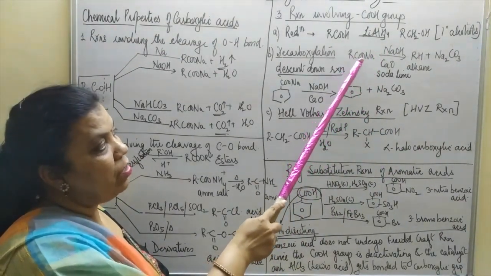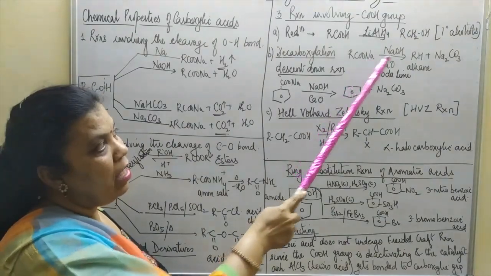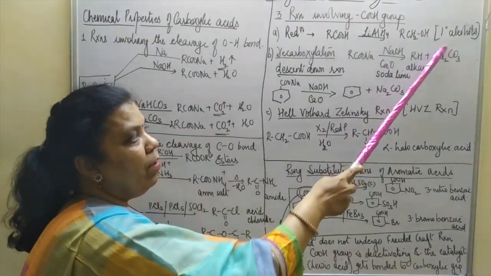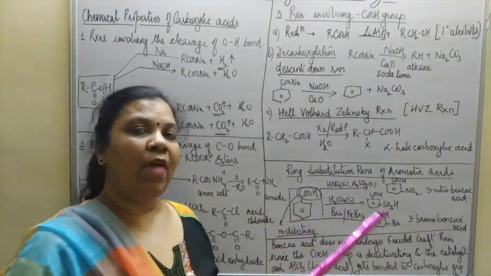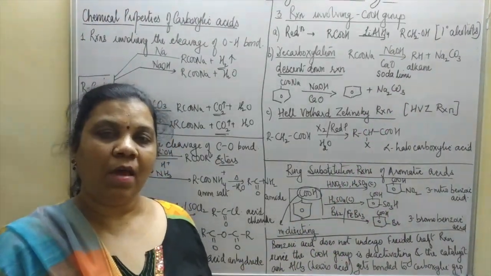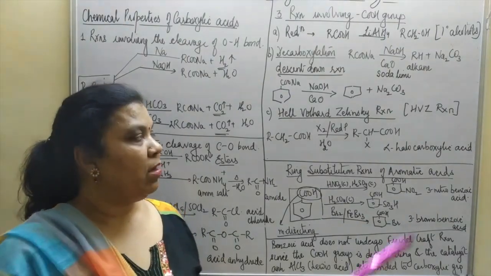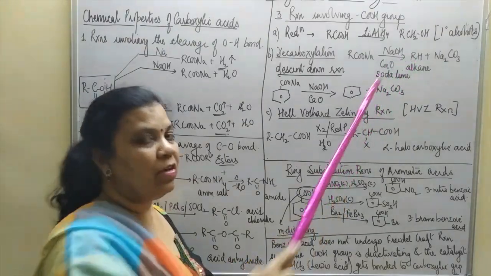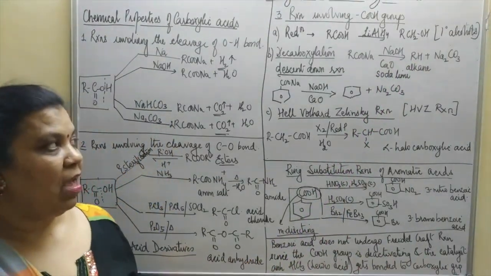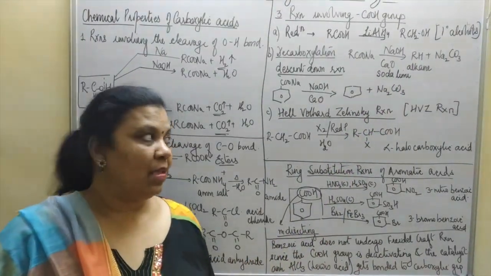So if we take sodium salt of any carboxylic acid, CO2 will be lost in the form of sodium carbonate, Na2CO3, resulting in the formation of alkane containing 1 carbon less than the parent acid. So here you can see this is the acid and it converts into RH, which has 1 carbon less than the parent acid.